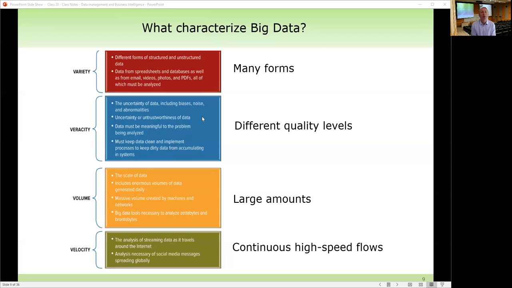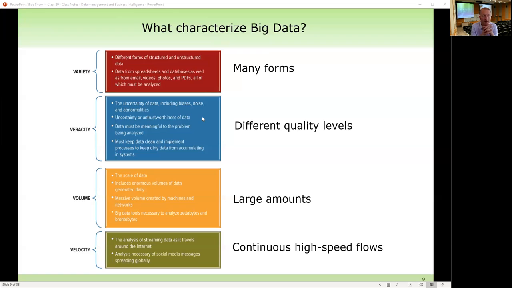So for instance, it could be that we have many duplicates in the data about a customer name or a customer address. And that would be an example of a veracity of data that is of doubt, of different types of quality levels. Some of them are good, some of them are not good, and it's dirty, which means that, of course, they need to be cleaned before they can be used.